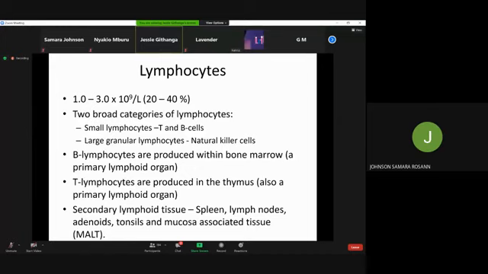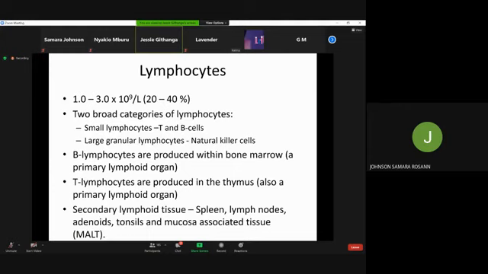The B lymphocytes mature within the bone marrow, and remember that the bone marrow is considered amongst the primary lymphoid organs. And then the T lymphocytes mature in the thymus, which is also a primary lymphoid organ. So you have these two places where these cells develop, and then secondary lymphoid tissues.